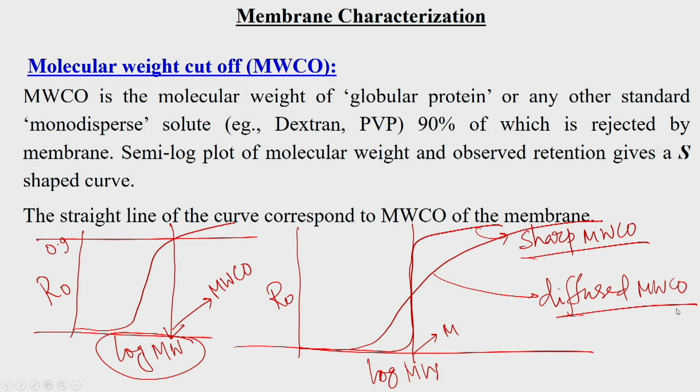In the case of this diffused molecular weight cutoff membrane, there will be a distribution of the permeate concentration for the entire experimentation, or the Cp value will be varying, or we will get a range of these Cp values for a particular membrane operation. Okay.